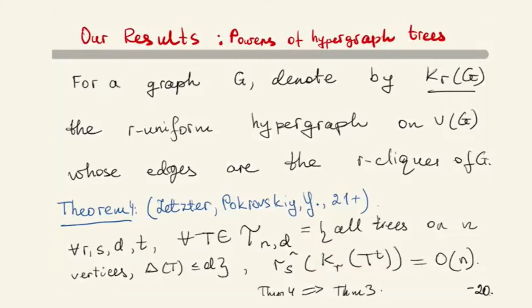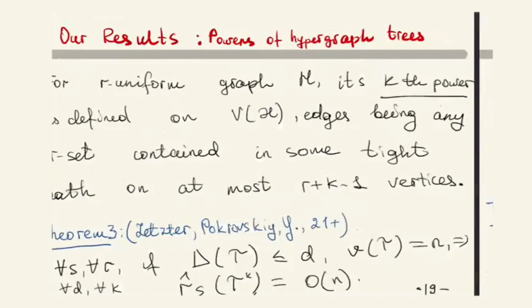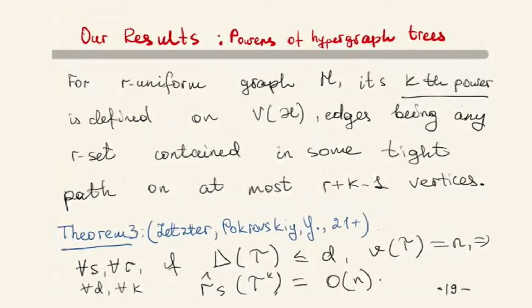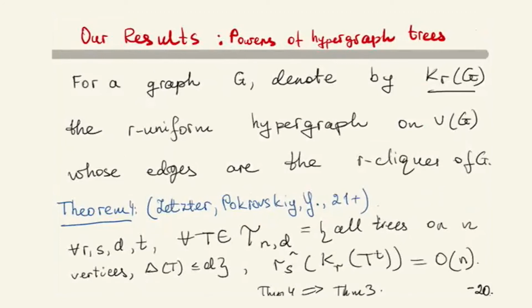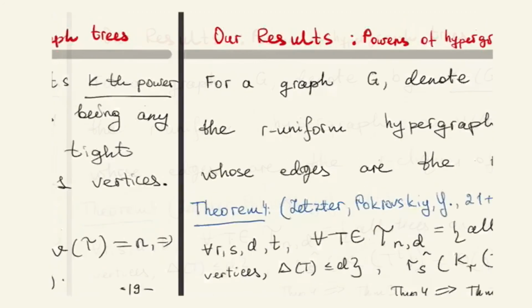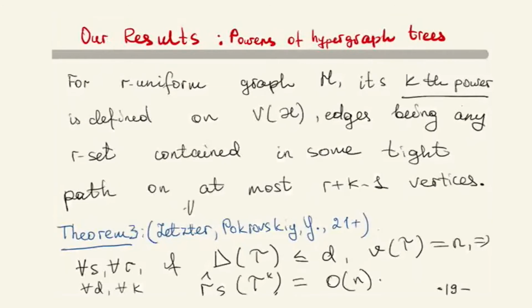And what I mean by theorem 4 implying theorem 3 is that if I know this, then I can show that these r-uniform trees, the way we defined here, are going to actually lie in. So basically, every such T is contained in some.